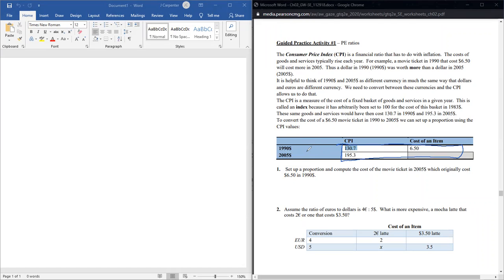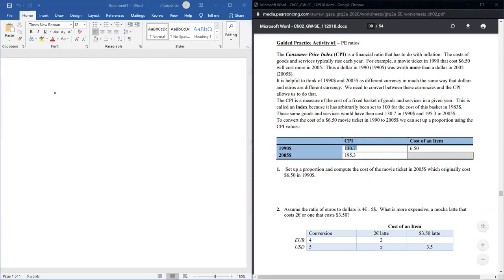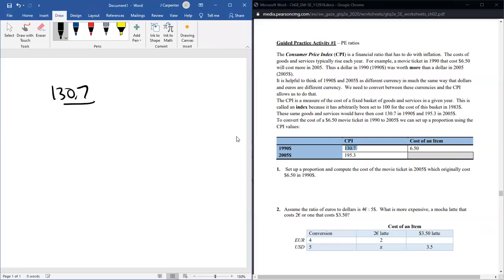So there's 3 numbers in corners and a blank, so that's our x. So we can cross multiply and solve from there. So we're going to go with 130.7 over 195.3 is equal to 6.50 over x.